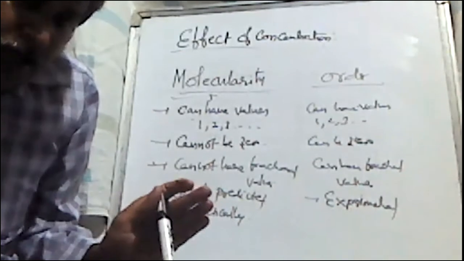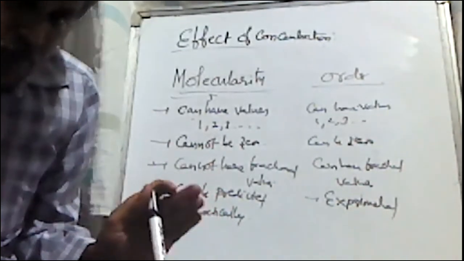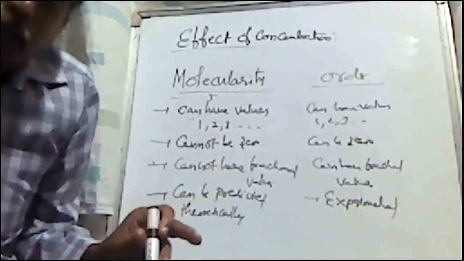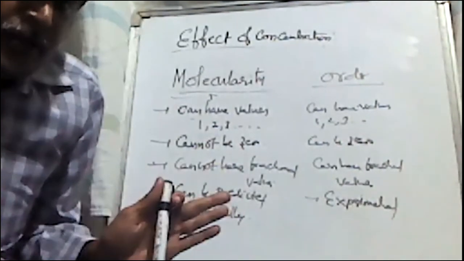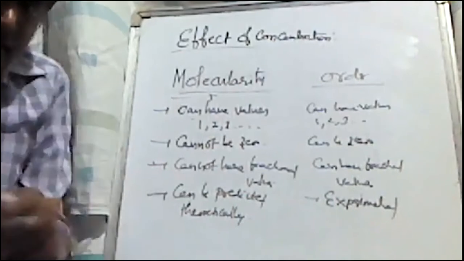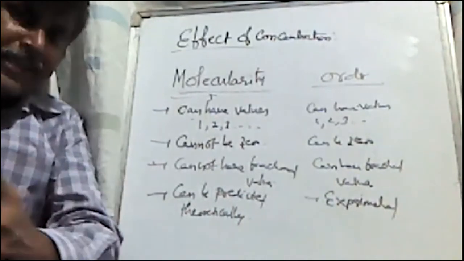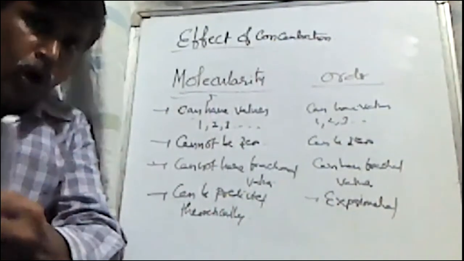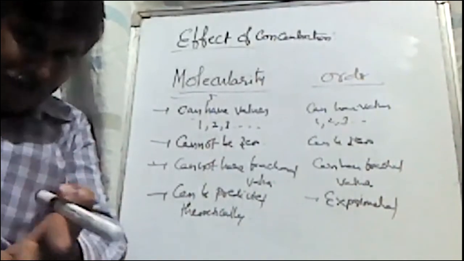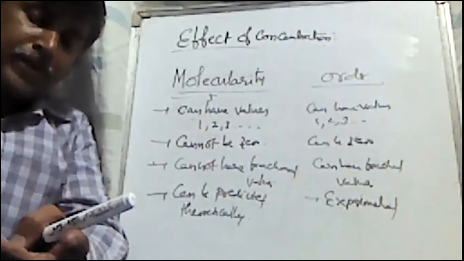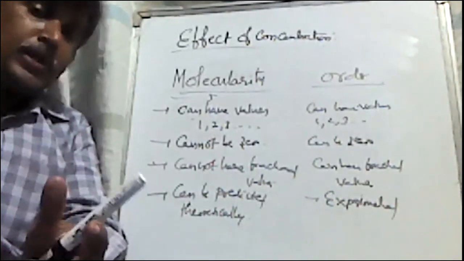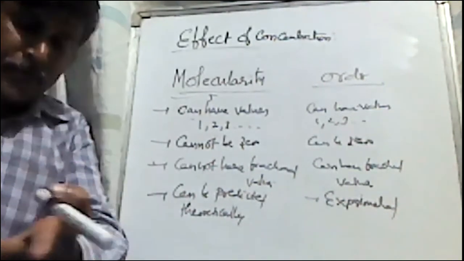From the intermediate public examination point of view, this is one of the important questions: write the differences between order and molecularity. So in chemical kinetics, so far we have defined rate and learned how to determine the rate of reaction experimentally.